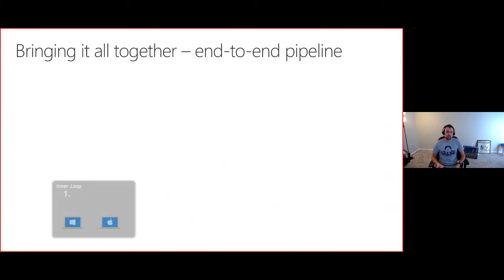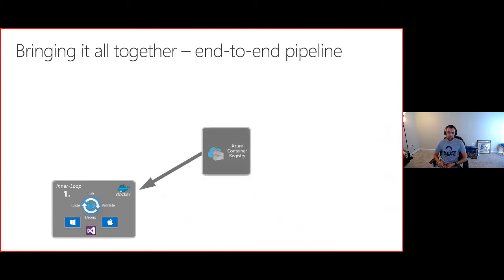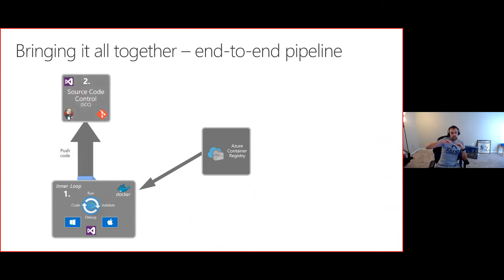So if we think about what this looks like, we would still have a developer run their inner loop development locally and interact with an Azure Container Registry to pull in certain base images. But in an end-to-end DevOps pipeline, rather than the developer pushing new containers into the registry and then interacting with a Kubernetes cluster, the developer pushes their updated code into a source control system.